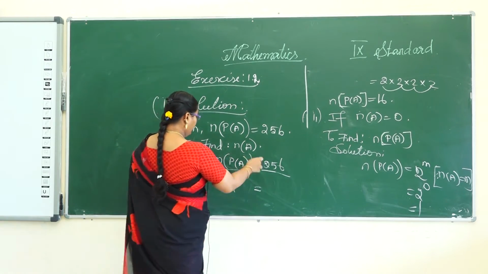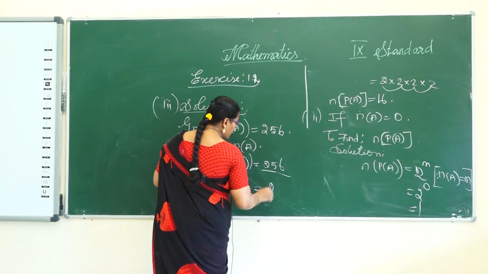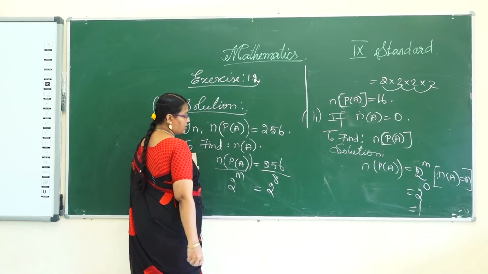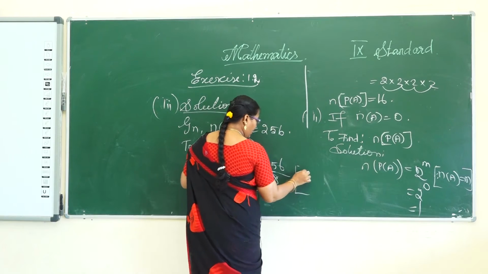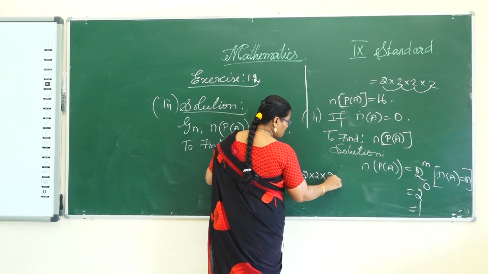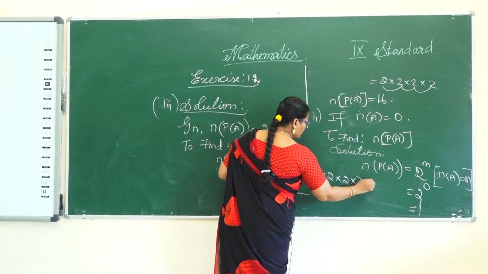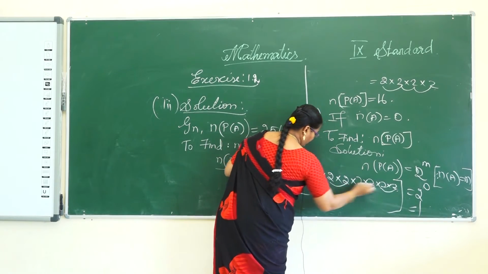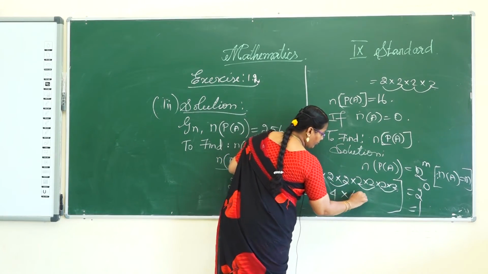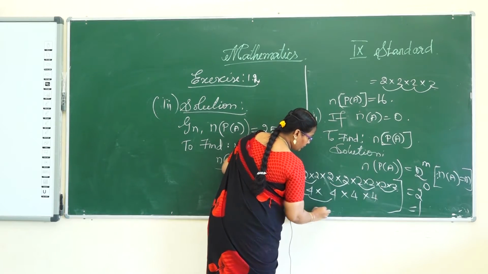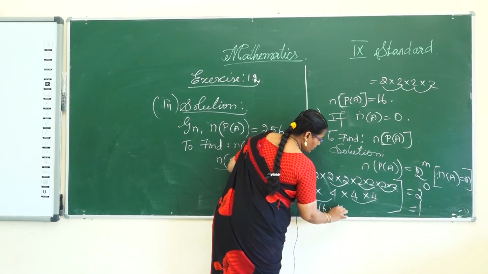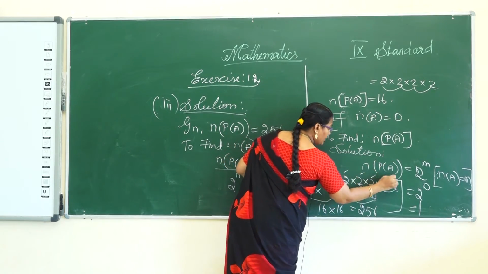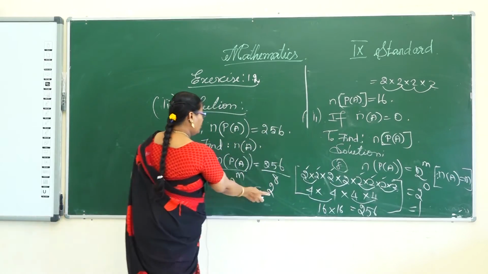So 2 power 8 gives the value 256. If you multiply 2 into 2, 2 2s are 4, 4 4s are 16, 16 16s are 256. How many times is 2 multiplied? 8 times. So 2 power 8.